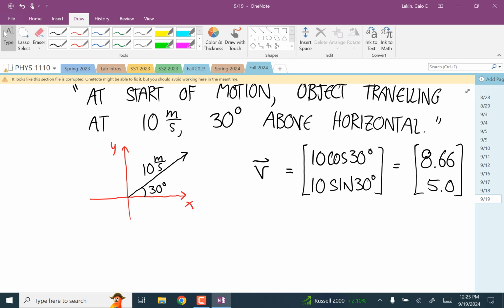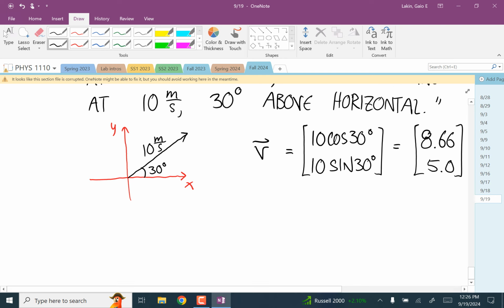And just to get you used to the notation that we're going to use, this is the velocity vector, but usually in the calculations, once we have everything in components, we're going to break calculations up into x calculations and y calculations.